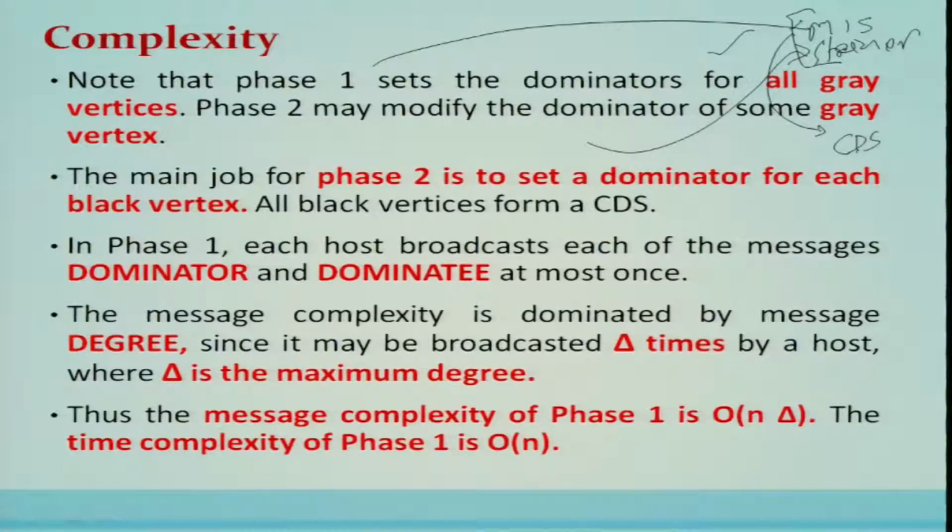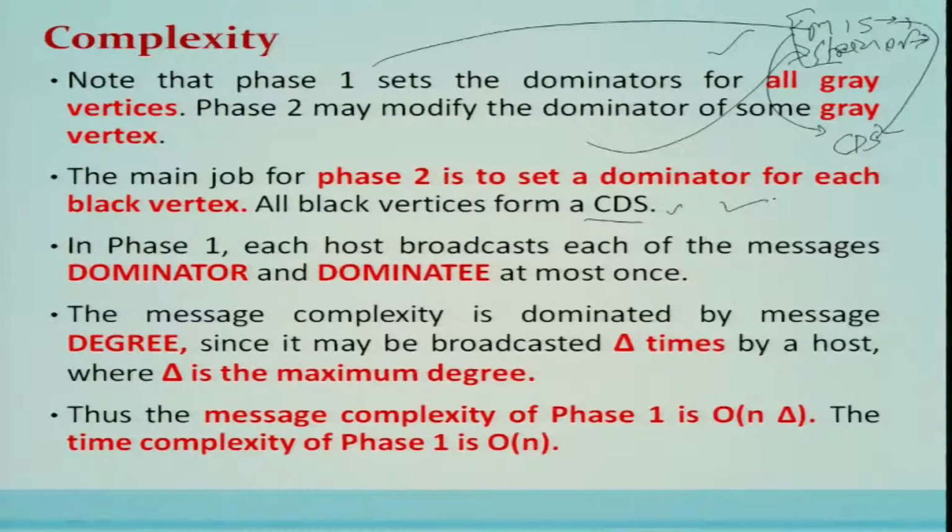So we are going to count how many nodes there are. The main job of phase 2 is to set the dominator for each black vertex, whether through the Steiner tree or through the MIS. The total count is the CDS, that is what is represented here.